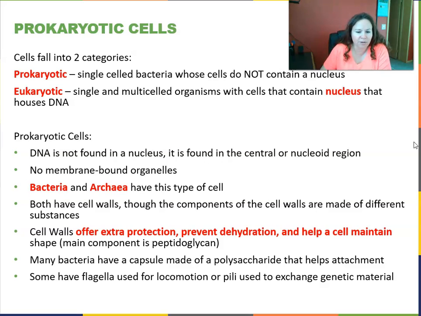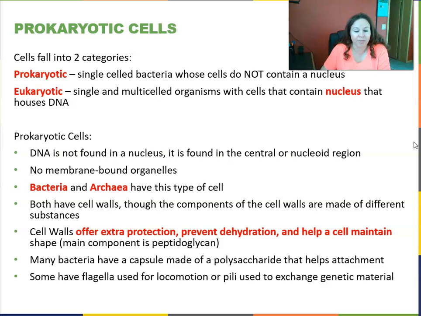In eubacteria, regular bacteria, the main substance that makes up the cell wall is called peptidoglycan. Now there are some eukaryotes that also have cell walls. In fact, a lot of eukaryotes have cell walls, including plants and fungi and protists. But their cell wall is made out of something completely different that we'll get to eventually.